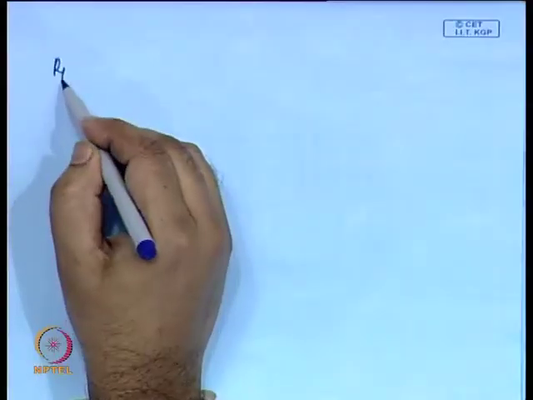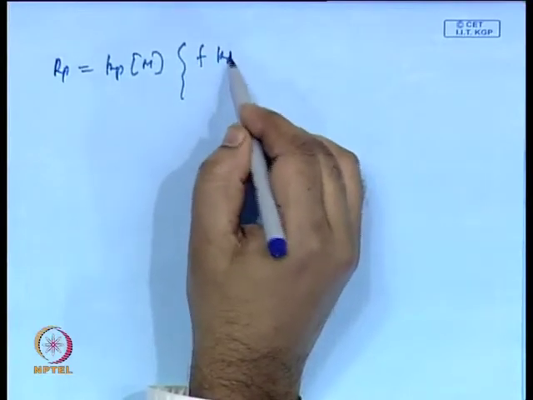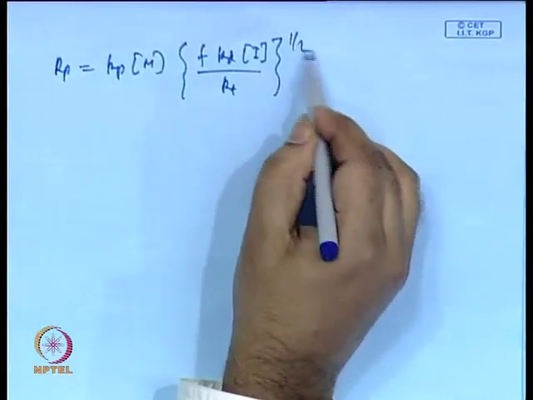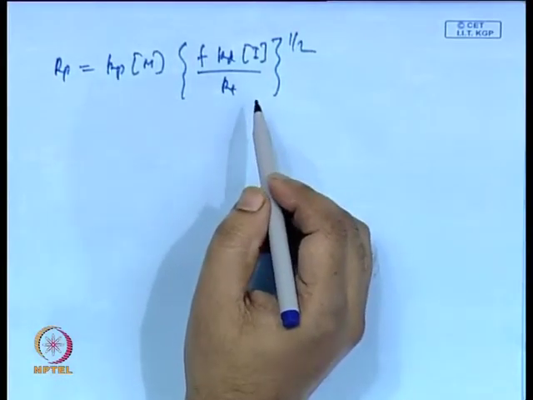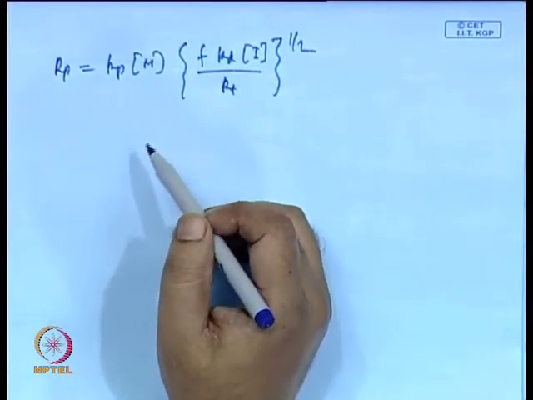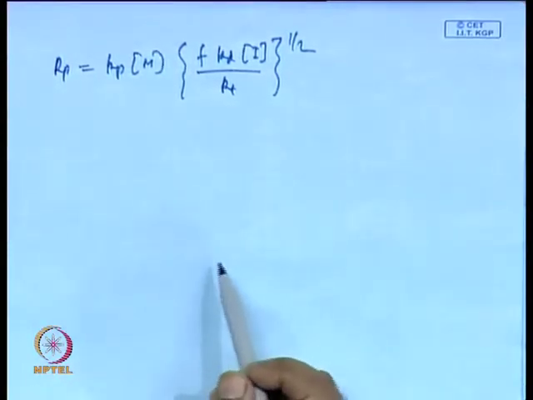Now, what are the assumptions we made when we deduced this expression, Rp is Kp M M dot? One was that initiation was slow, propagation was fast and termination was even faster. We have convinced ourselves now with the values of the individual rate constants that our assumption was accurate.